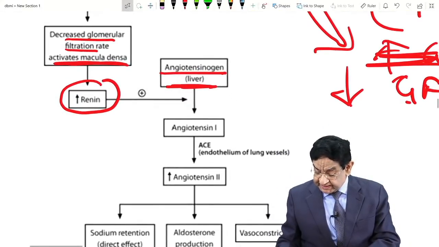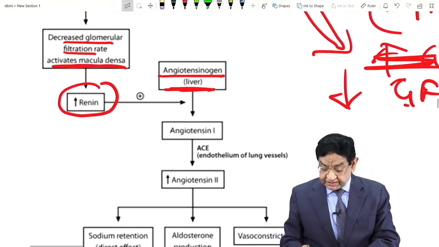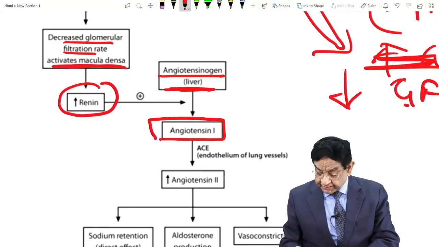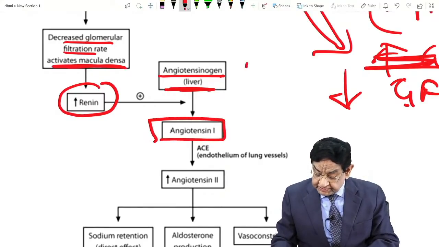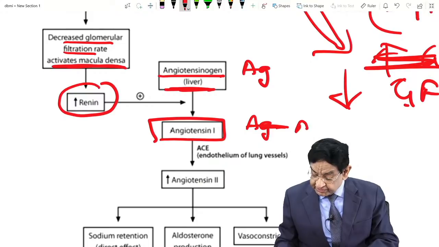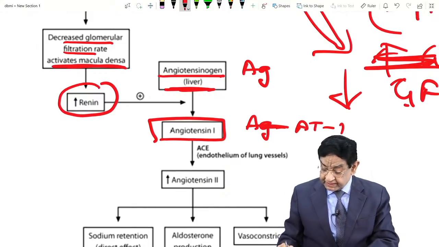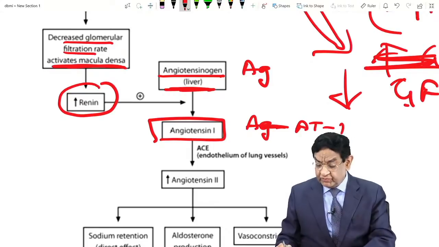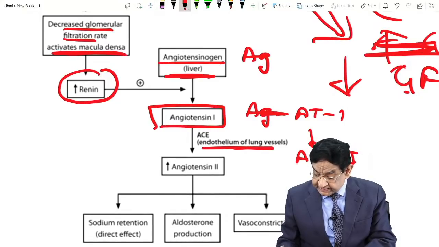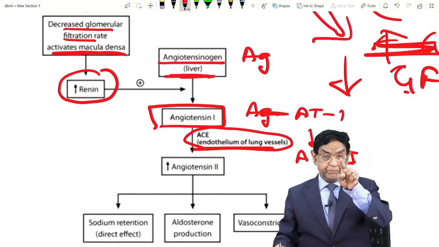Angiotensinogen is made in the liver, and renin will convert angiotensinogen into angiotensin 1. Now this angiotensin 1 is normally converted into angiotensin 2 by ACE, and this comes from the lung endothelium. Point to be noted.